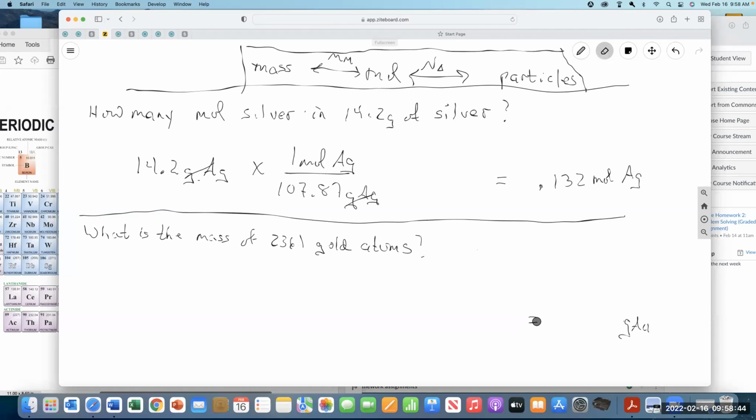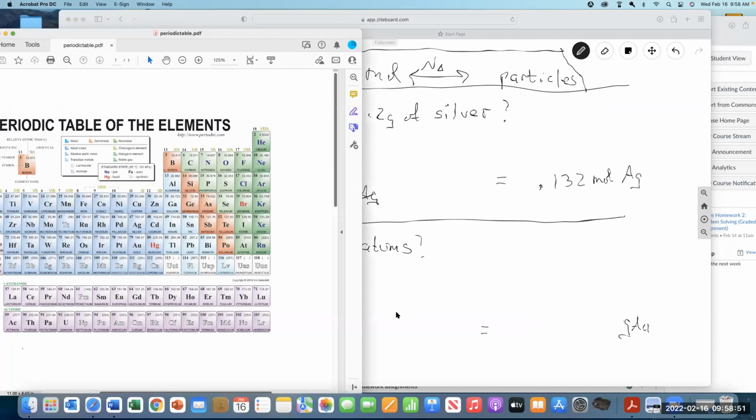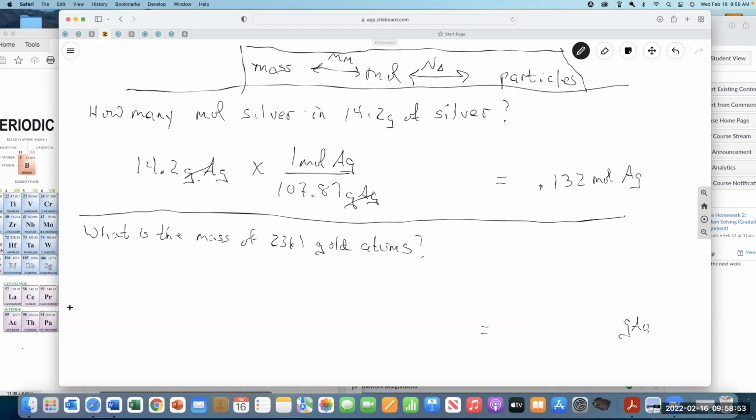Gold is Au. I'll move this over. So we're going to start with 2,361 gold atoms. Now, I could do this in one step if I knew the mass of one atom in grams, but I don't.